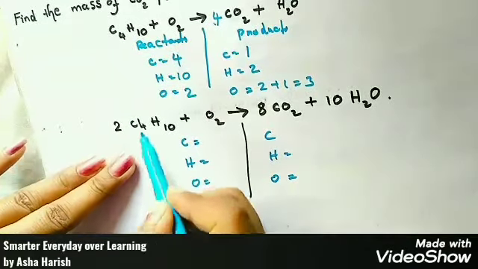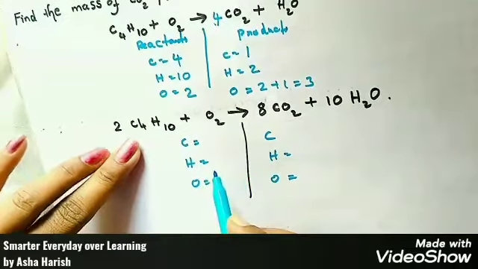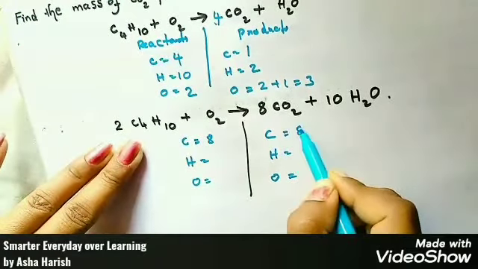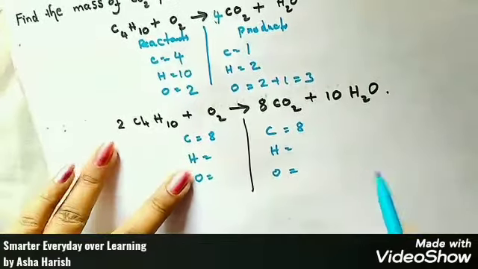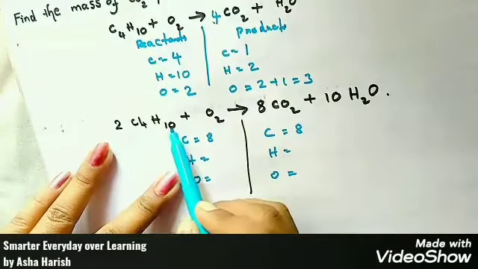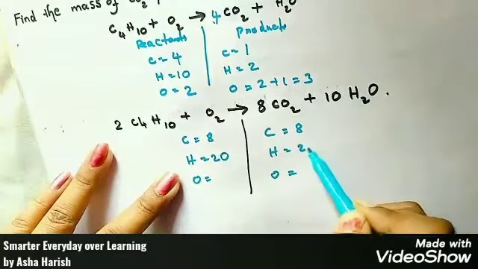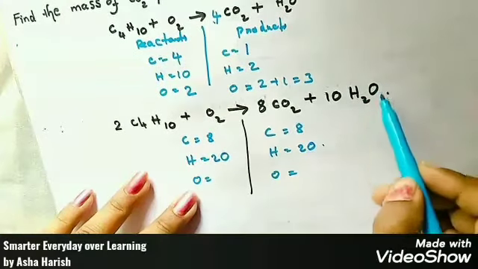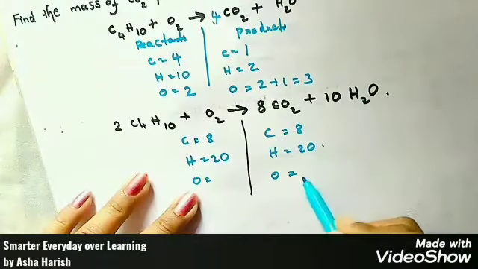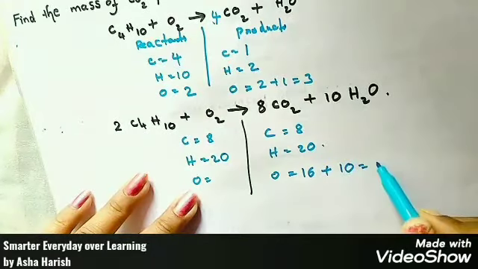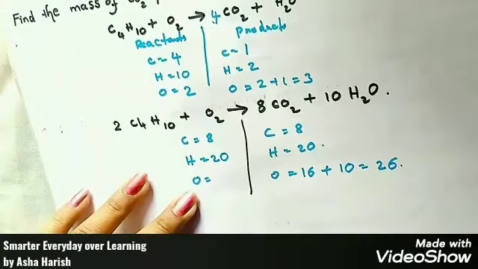Carbons, students: C4, so 8 carbons here and 8 carbons there, so carbon is balanced. Hydrogen, students: here 20 hydrogens, and here 10 H2s are 20 hydrogens. Here, 8 H2Os are 16, plus 10, 26, students.